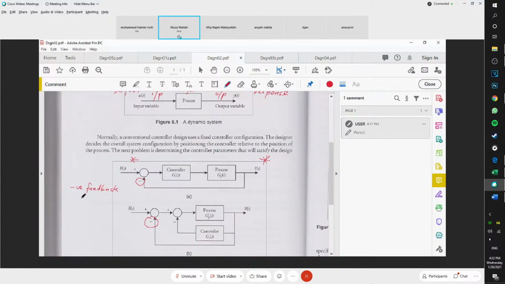Feedback signal, so what? Feedback can be positive as well. Feedback can be positive, can be negative. So can you explain more? Why do we use negative feedback? Reduce amplitude of what?